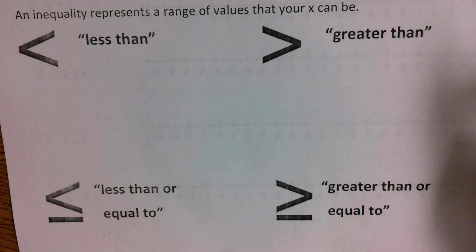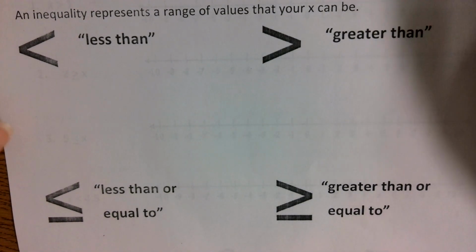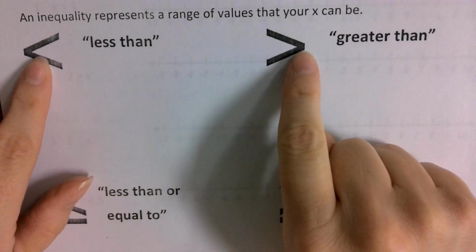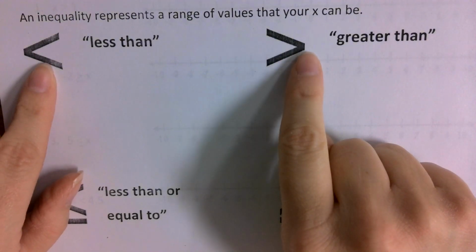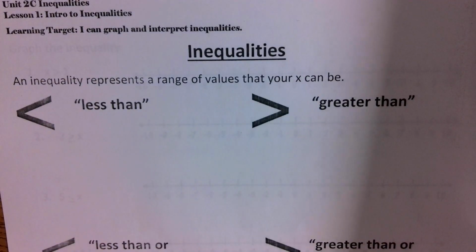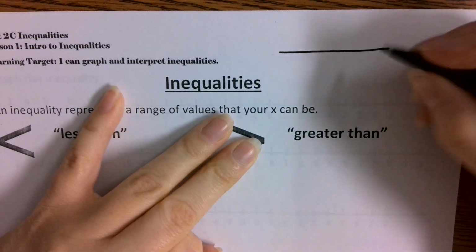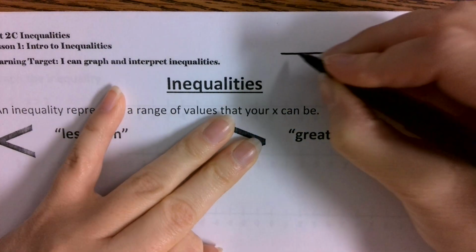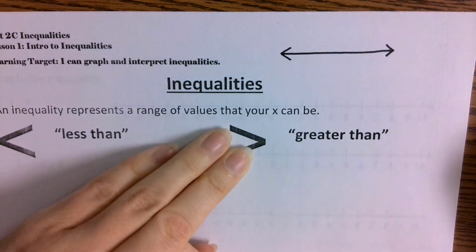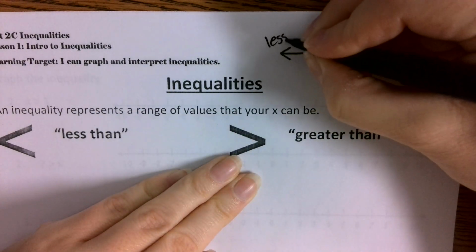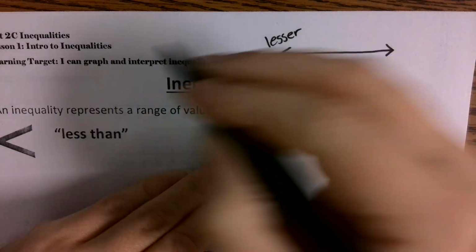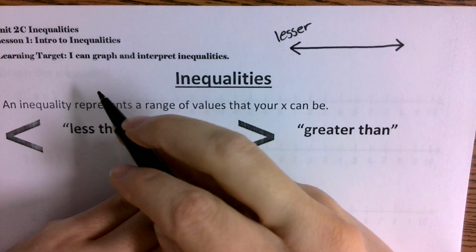It's easy to remember the less than and greater than symbols because they look like arrows, don't they? If you're thinking of a number line and I have arrows at the end of my number line, my lesser numbers are on the left side, so the arrow is pointing to the left.